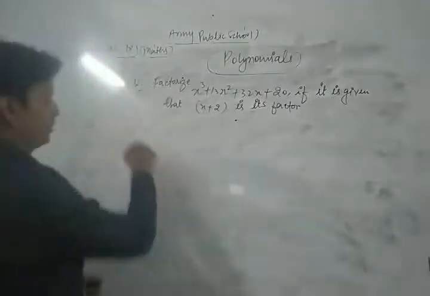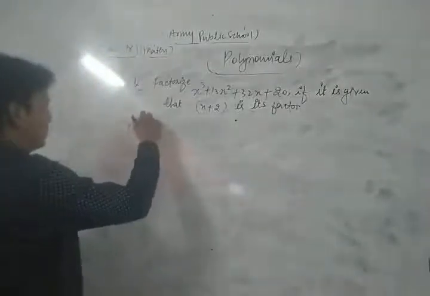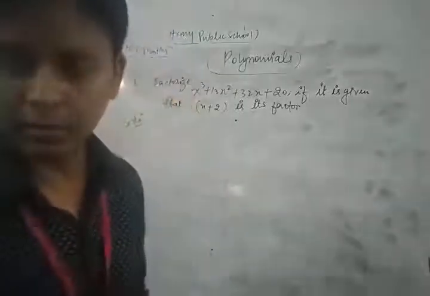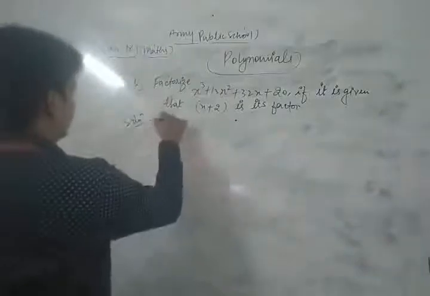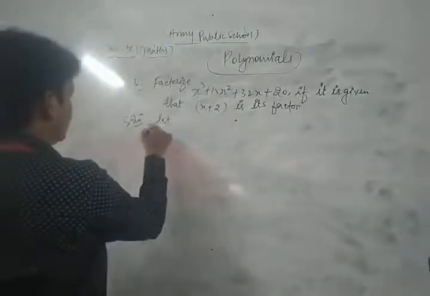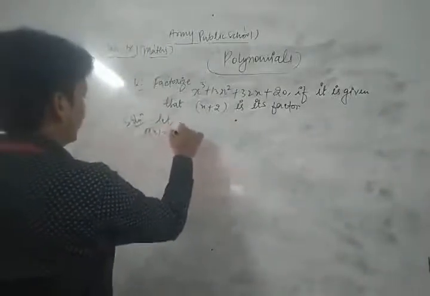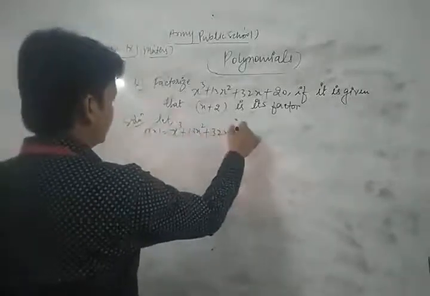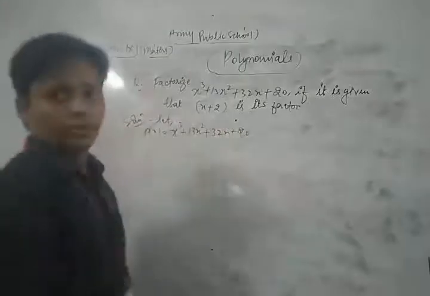Let's see its solution. Dear students, in this type of question, first of all, let the given polynomial be p(x) equal to x cube plus 13x square plus 32x plus 20.